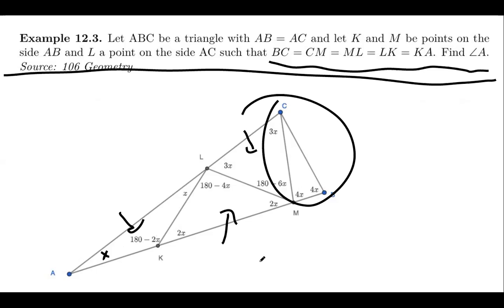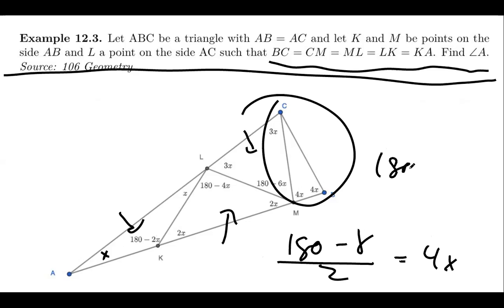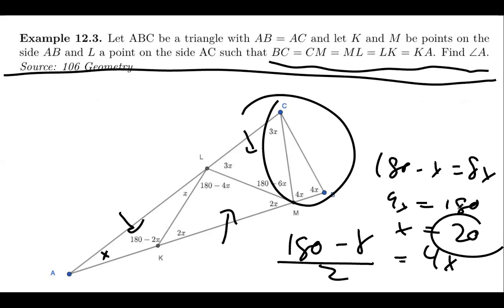So since we know that the base angles will be (180 minus x) over 2 equals 4x, we can now just solve for x pretty easily. And if we do that, we get that 9x equals 180 and x is just 20. So drawing a diagram helped make things a lot easier in this problem.